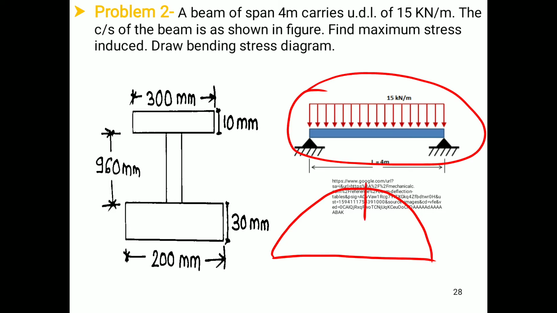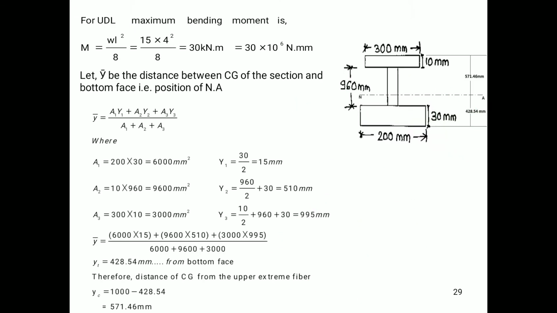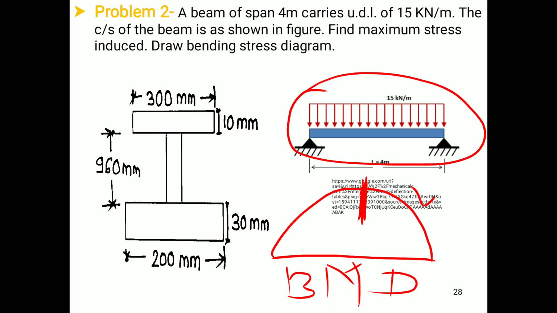This is the bending moment diagram for a simply supported beam which is subjected to UDL. And this bending moment diagram is in this manner. And this value of maximum bending moment is given by WL square by 8.